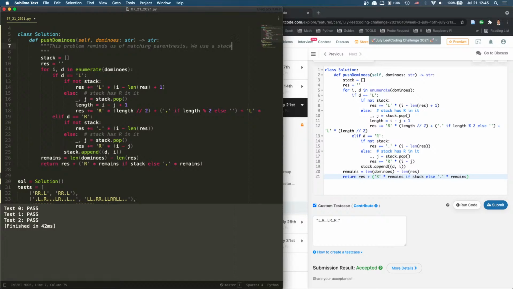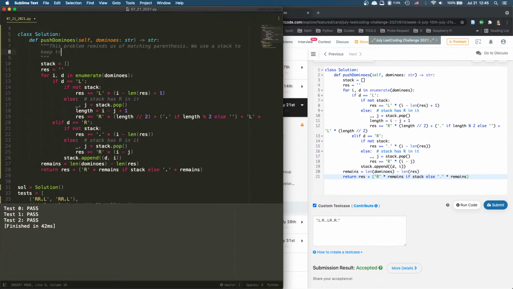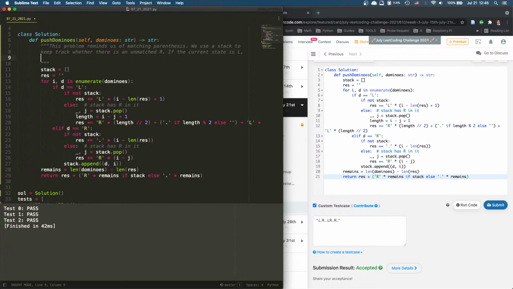We use a stack to keep track of whether there is an unmatched R. So if the current state is L, there are two scenarios in the stack: the stack has an R, or the stack is empty.